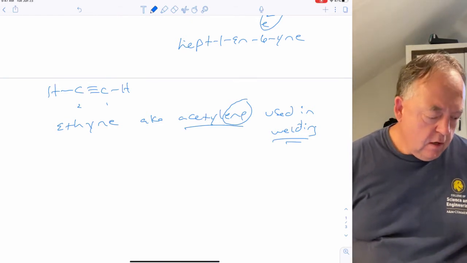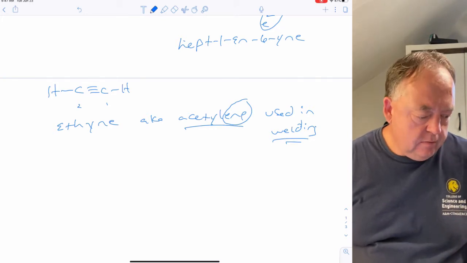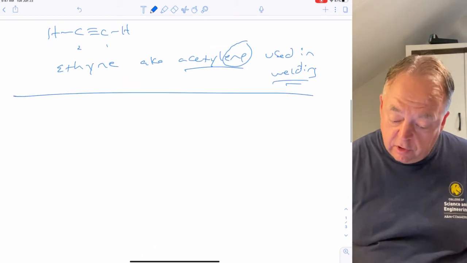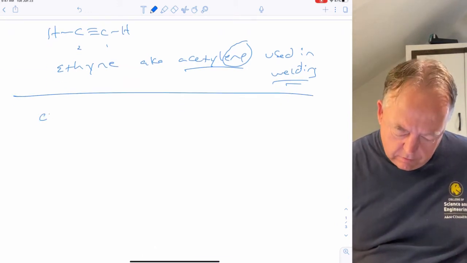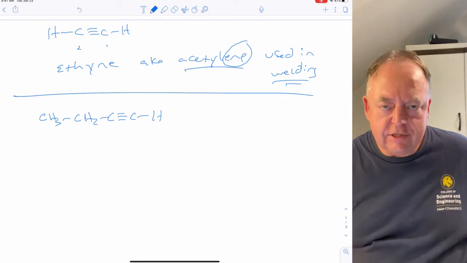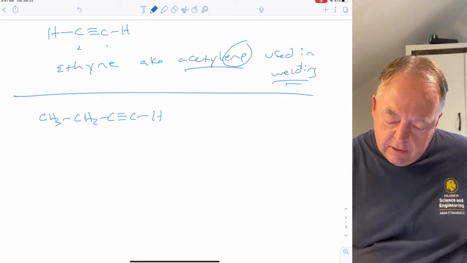Okay, so that's it for naming alkynes. Let's look at their basic acidity. So for terminal alkynes, usually hydrogens on carbon are not that acidic, but in the case of an alkyne, the terminal hydrogen is relatively acidic.